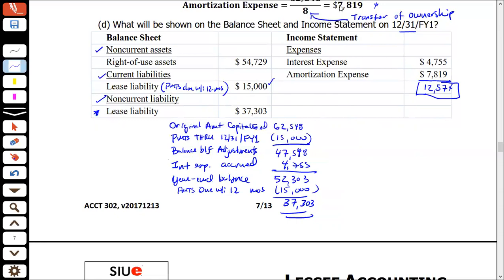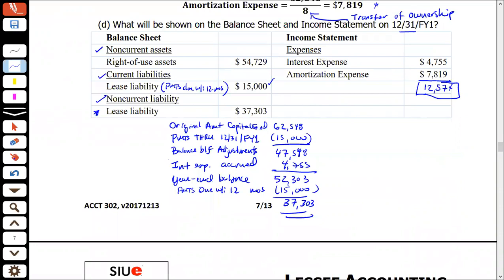More. Everybody wants more. Let me use this little spotlight. Here we go. So this lease liability non-current is 37,303. The current liability is just the payment due within 12 months.